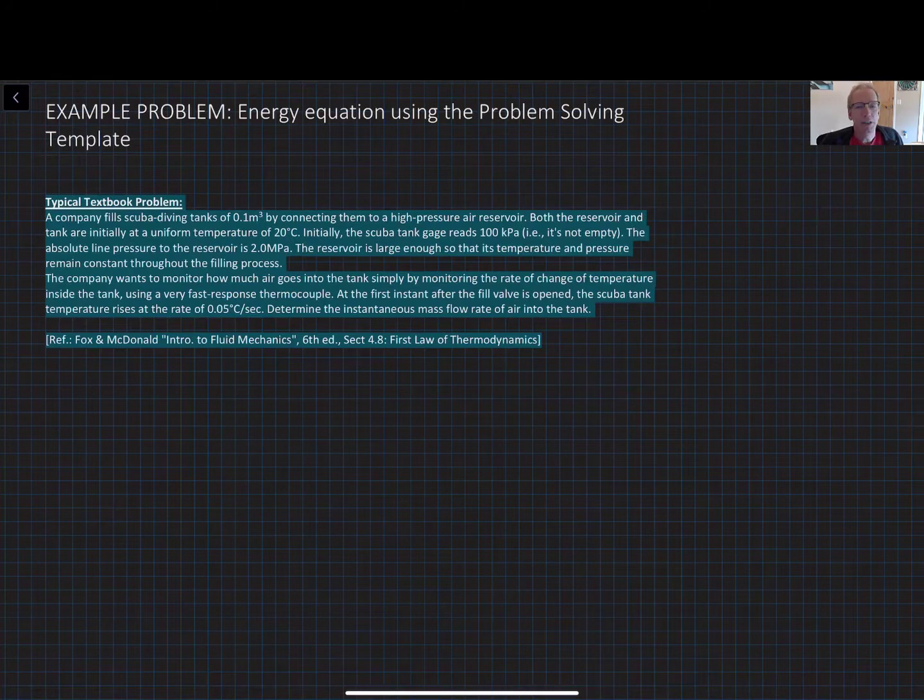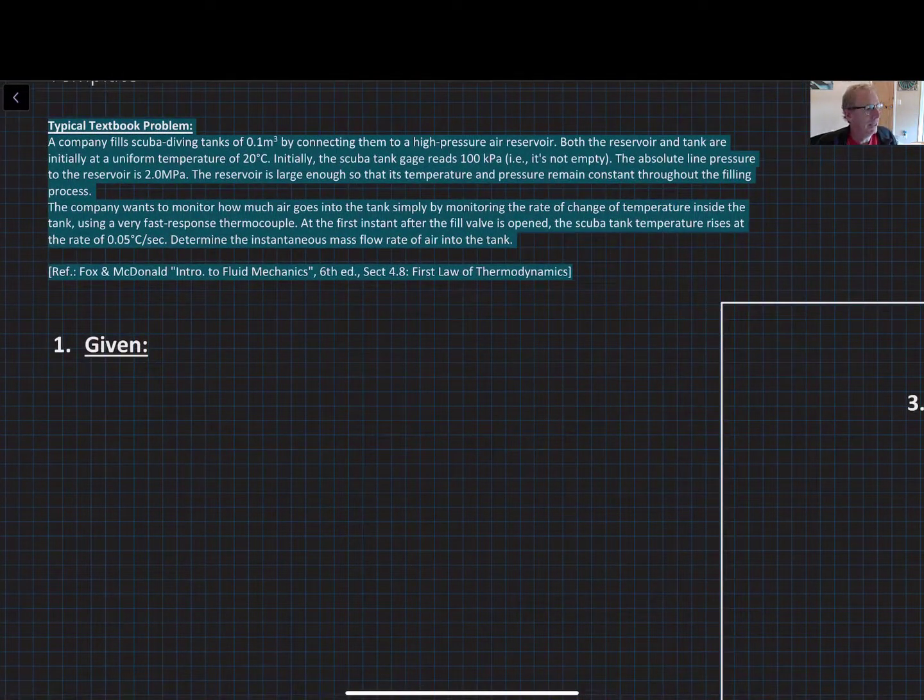Okay, so first, for this particular problem, we're going to apply the problem-solving template that we've presented before. And the first step, and I've simply copied it here onto my problem as you normally would, is to outline the information that's given to us in the problem in simple point form format, so that it makes it easy to come back to and get the information without having to reread the problem every time.